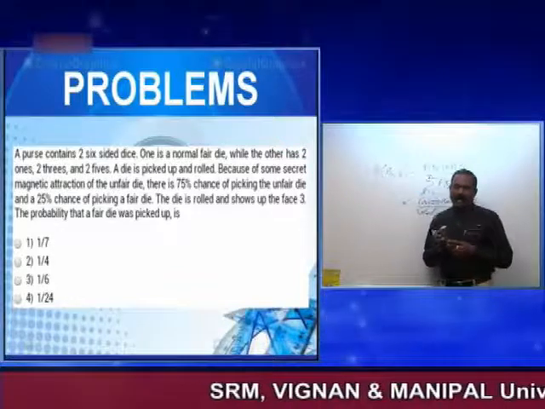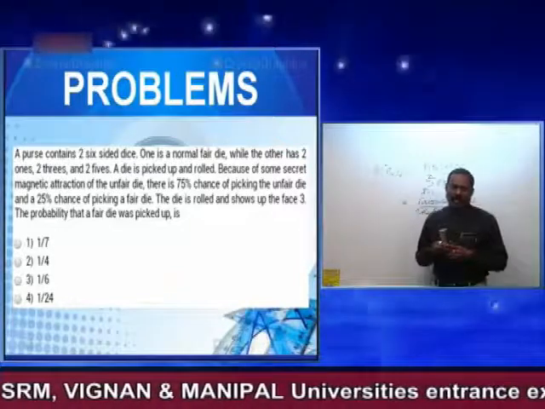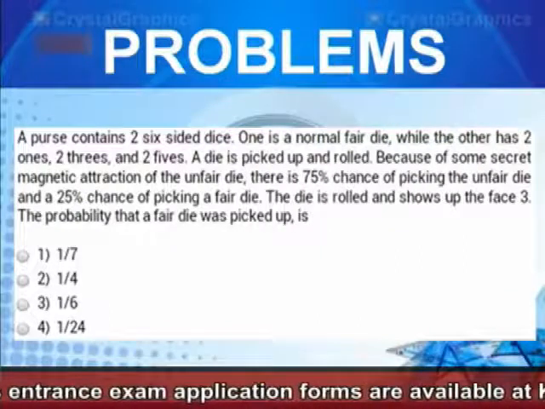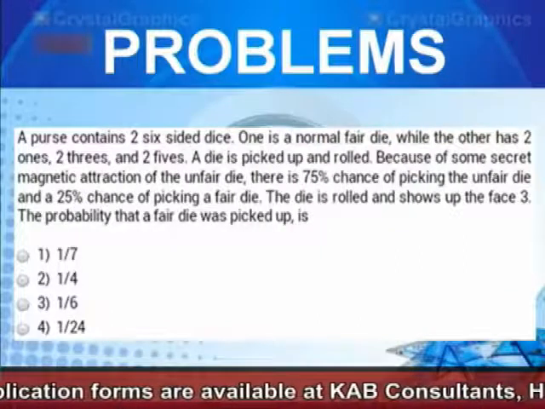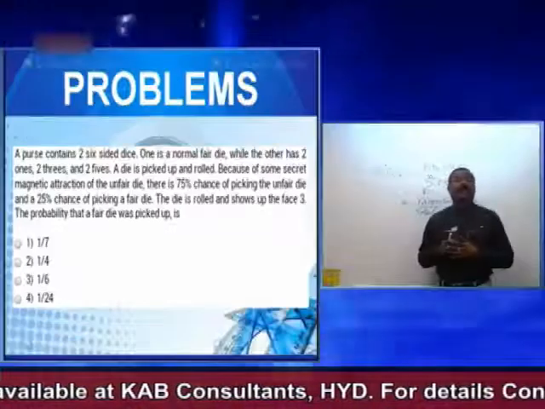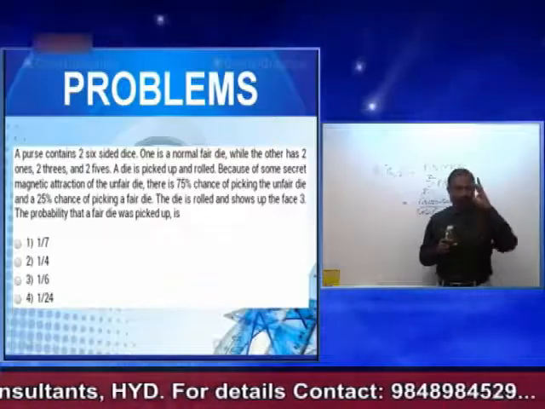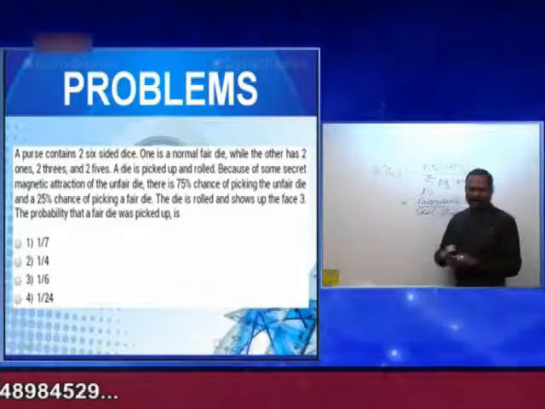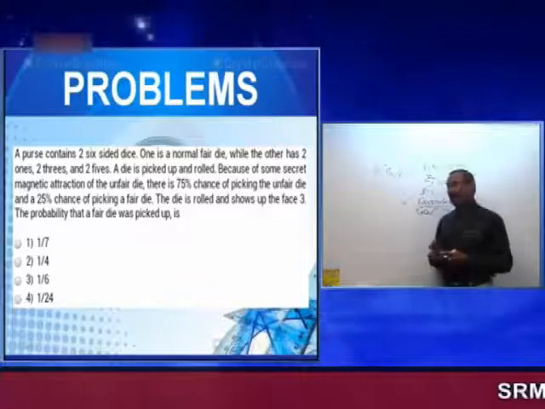And the die is rolled and shows up the face 3. The die is picked up and thrown, and it is showing the face 3. The question: the probability that a fair die was picked up.